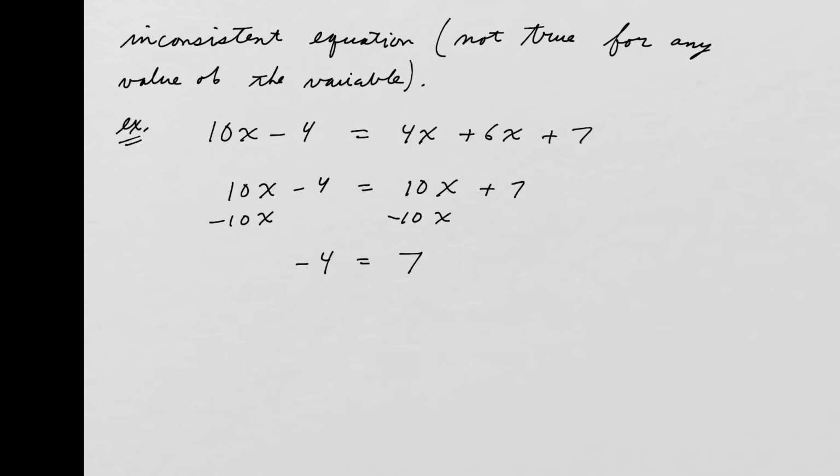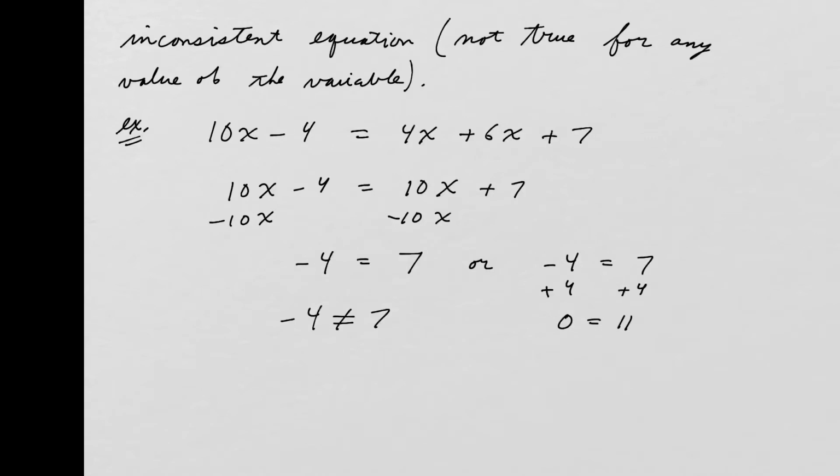Or you could stop there, or you could even go further and add 4 to both sides, and you're going to get 0 is equal to 11. It doesn't matter, either one. In both cases, this is never true. Negative 4 is never equal to 7, and 0 is not equal to 11.